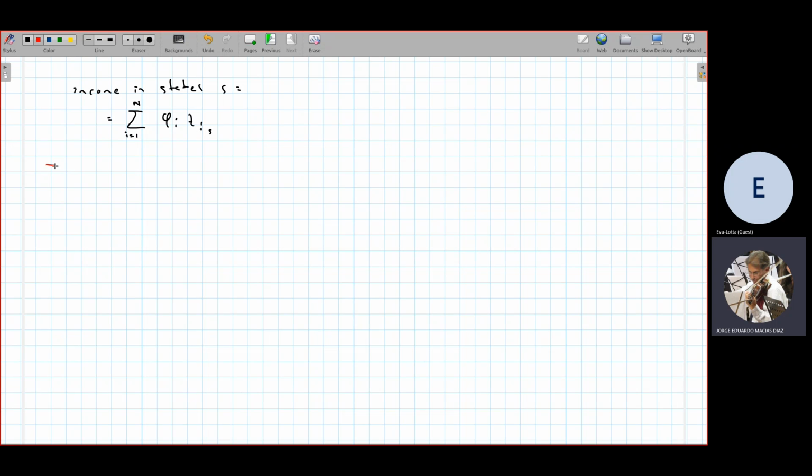So we can also define the overall income. So this is going to be a function of phi.